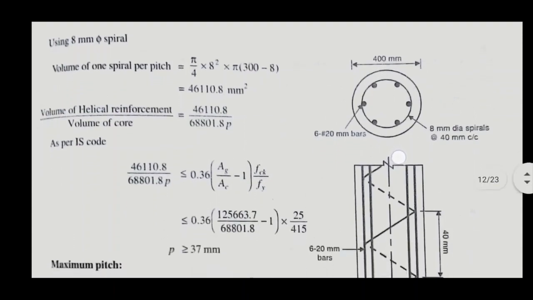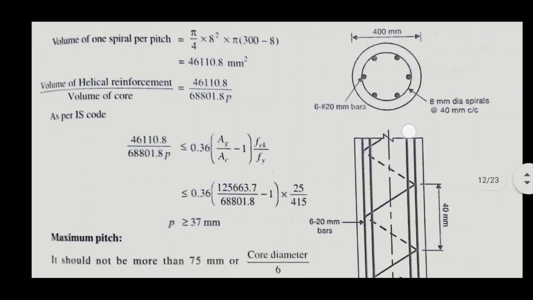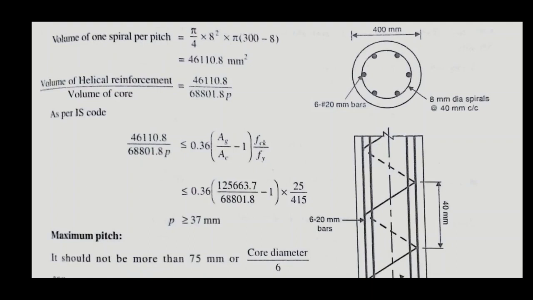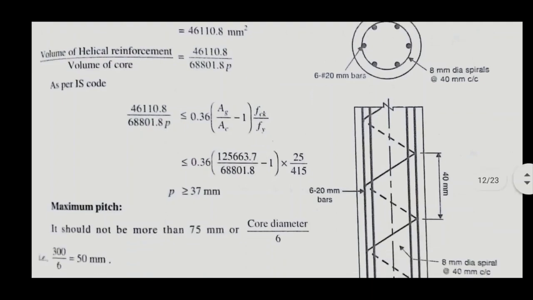So as per IS code, this volume of helical reinforcement by volume of core should be greater or equal to 0.36 into (Ag by Ac minus 1) within bracket fck by fy. So you have to calculate this one. So from this equation you can find out the pitch. So here pitch, small p, is less than or equal to 37 mm as per the consideration.